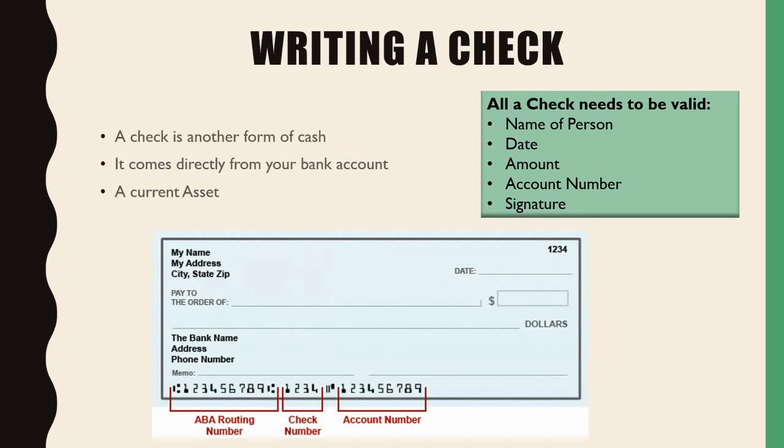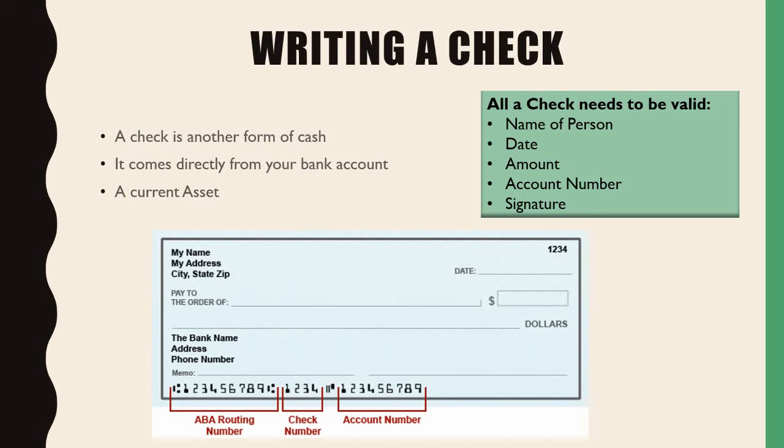Now, understanding how a check works. I don't know if you guys still use checkbooks these days, but there are digital checks now, and cash apps that allow you to transfer money with your phone. But I know a lot of businesses still write checks because it's a form of paper trail.